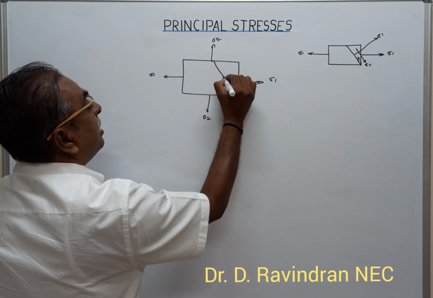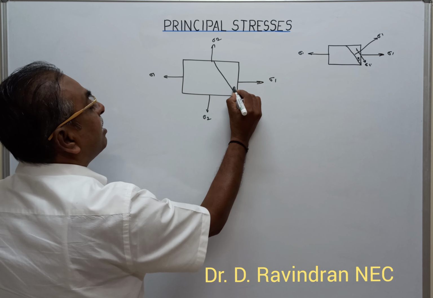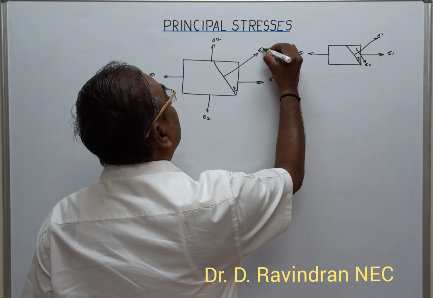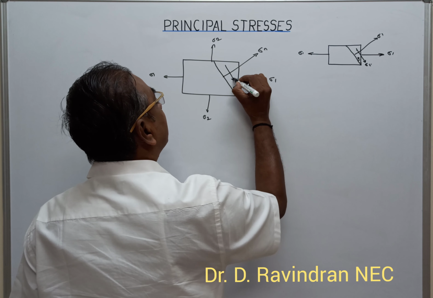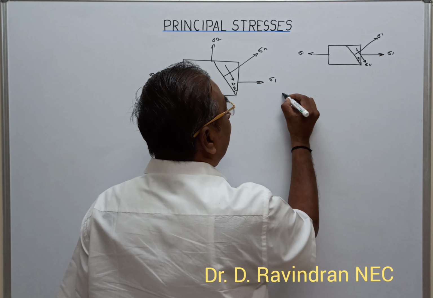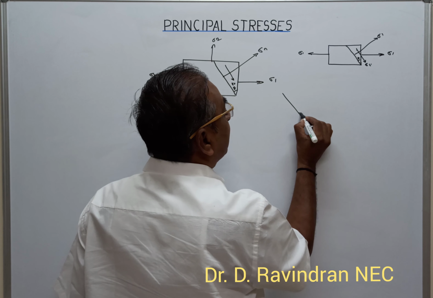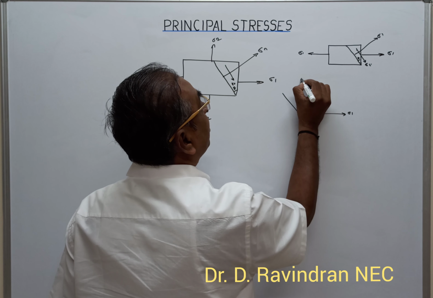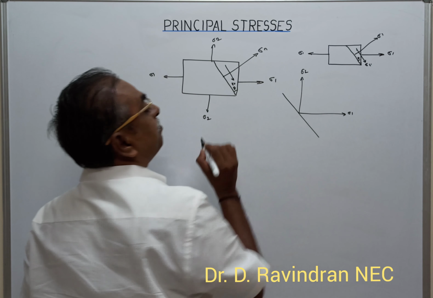Let us consider an inclined plane which is at the angle of theta. Here we are going to have a normal stress as well as the tangential stress. So when you draw the free body diagram for this, this is going to be your sigma 1 and this is going to be your sigma 2.